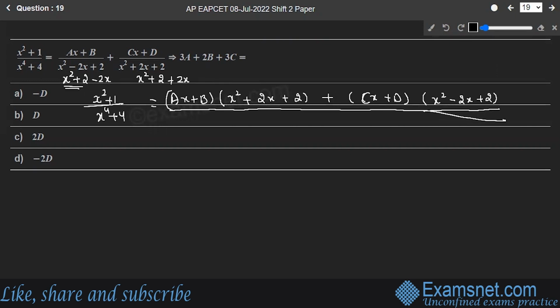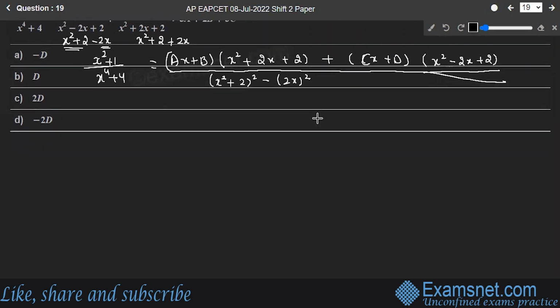This will behave as a, and this is b, so (a − b)(a + b) is nothing but a² − b², right?